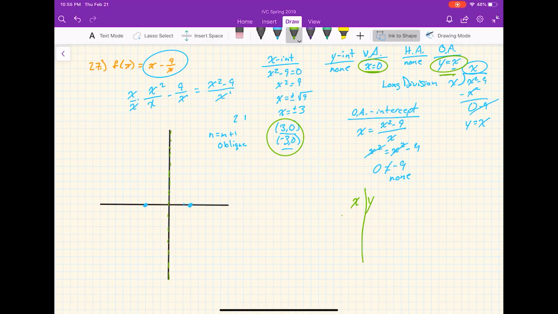Just to remind you, if we put in 1 for x, we get 1. If we put in 2, we get 2, 3, 3, negative 6, negative 6. So it's basically a slope of 1, starting at the origin. So we'll draw this diagonal line that goes through all the same point coordinates.